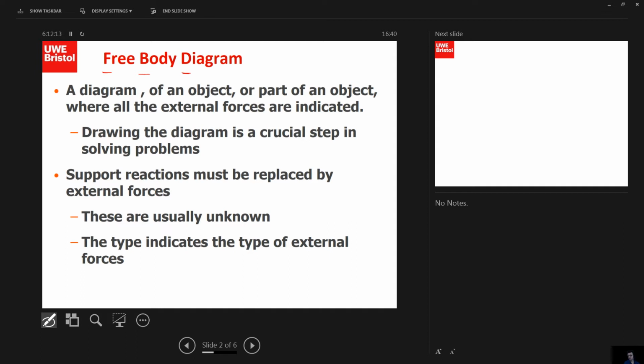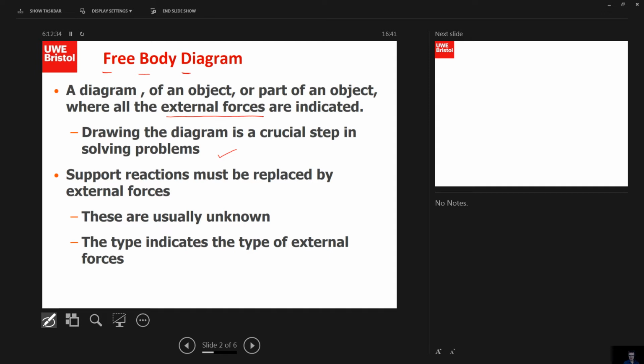Ideally it would be to scale, but it doesn't have to be. It should indicate the scale, but most importantly it will have the external forces on it. So coming up with this diagram is a crucial step for you to being able to solve a lot of the engineering problems that we're going to be looking at.